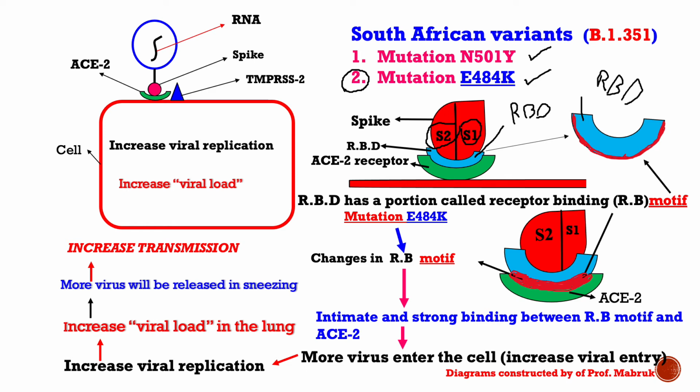This RBD has what we call the receptor binding motif, which you see here in red color. The blue color is the receptor binding domain, and the red color within it is the receptor binding motif.